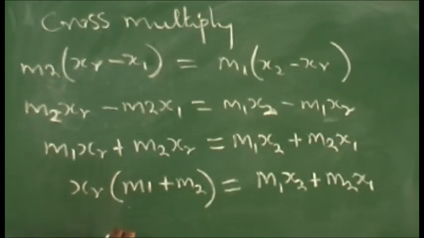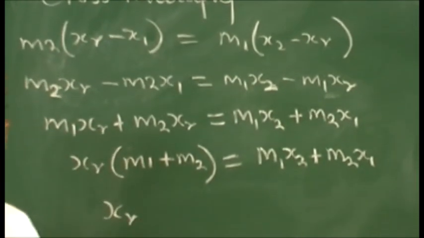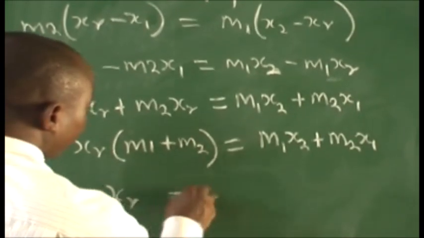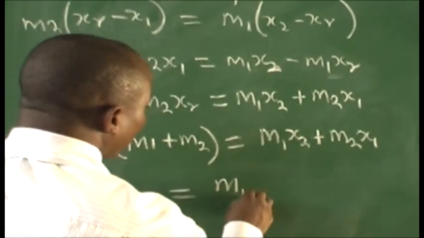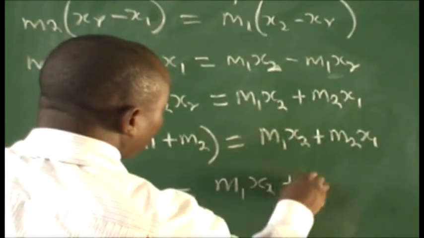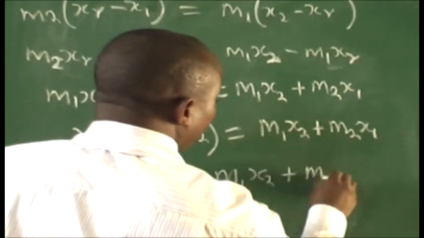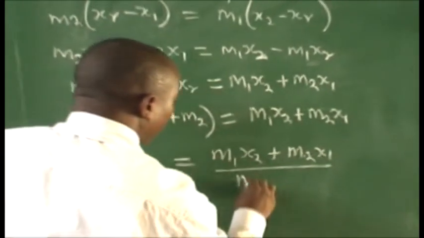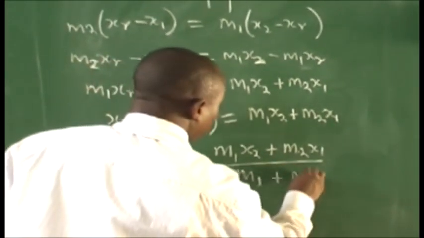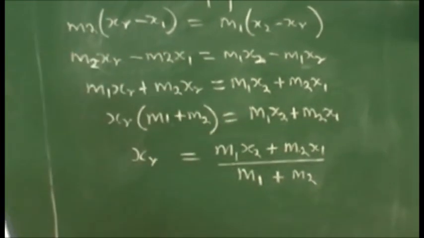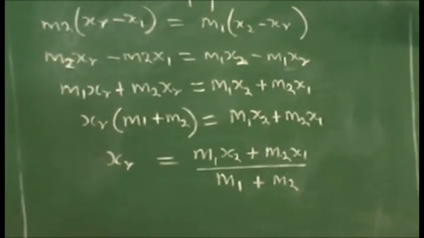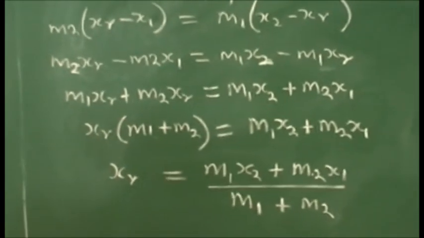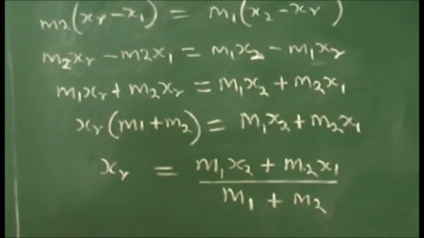Now, if I make SR subject of the formula, then I will have SR equal to M1 S2 plus M2 S1 all over M1 plus M2. Now, this is the coordinates of the midpoint that divides a line in a given ratio.